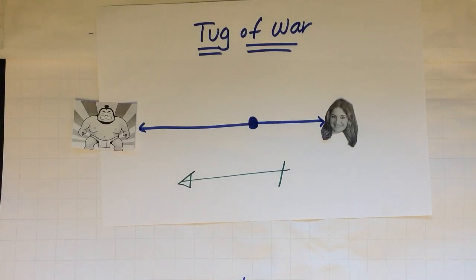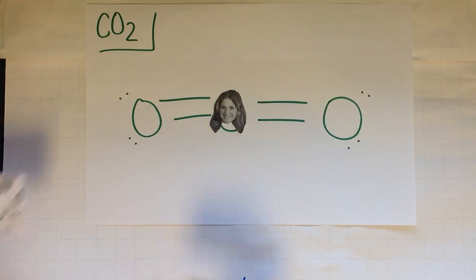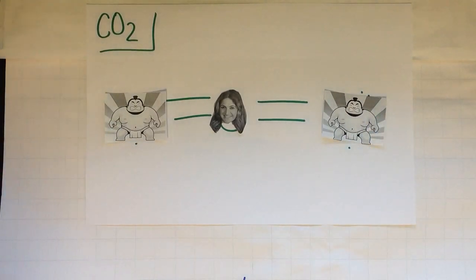Now, let's actually start looking at some of these molecules. I'd like to start off with carbon dioxide. You've already seen the carbon dioxide shape. It is linear, seen here. So if I'm in the middle, and we'll say these sumo wrestlers are fighting over me, what happens here?